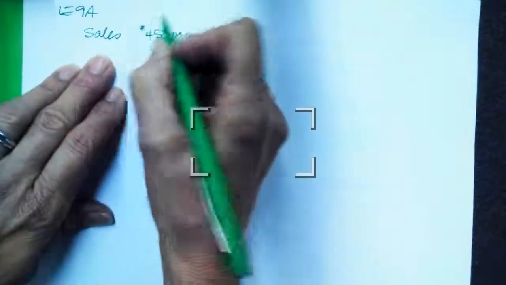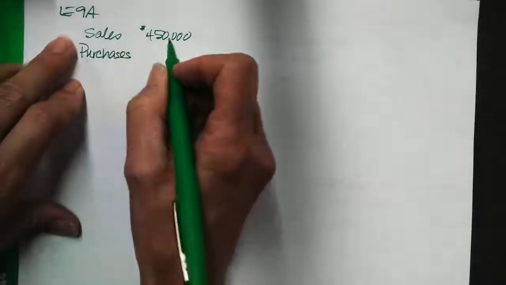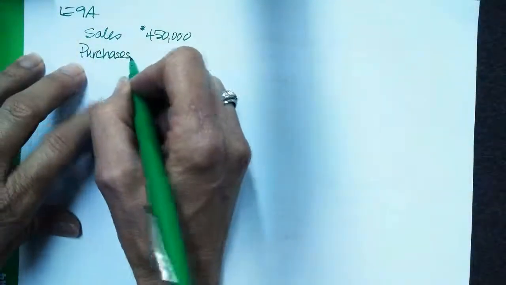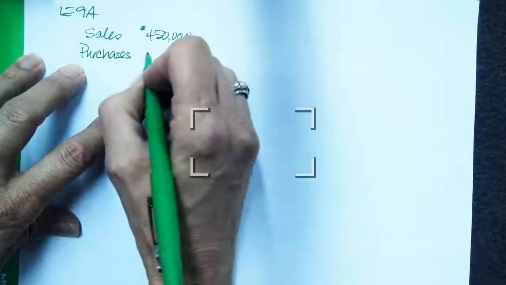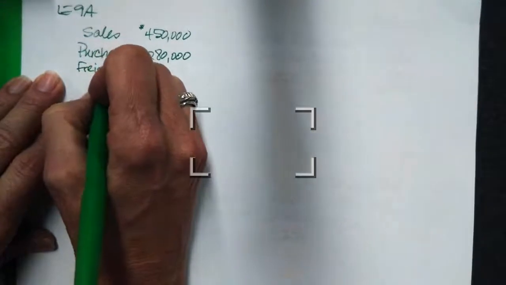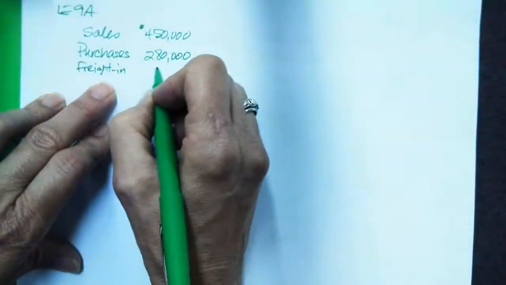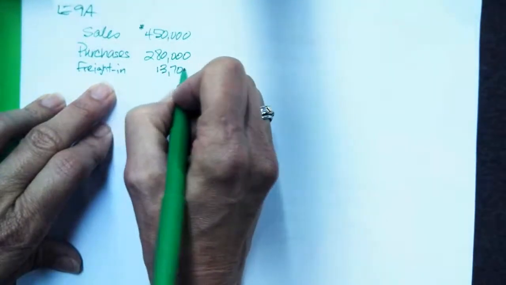He knows he has sales so far this year of $450,000. He knows he has purchases so far this year. And don't forget, these sales are at sales price. Purchases are at the company's cost of $280,000. Freight in, which as you know would be added to purchases to find the total, of $13,700.